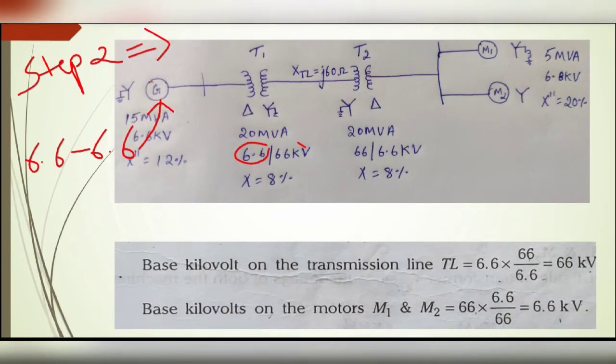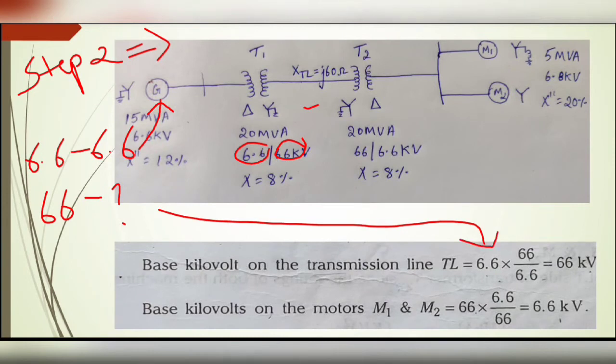Then the transformer secondary voltage is 66 kilovolt. Then what is the base voltage of the transmission line? That is, the base kilovolt on the transmission line is equal to 6.6 into 66 divided by 6.6, which is equal to 66 kilovolt.